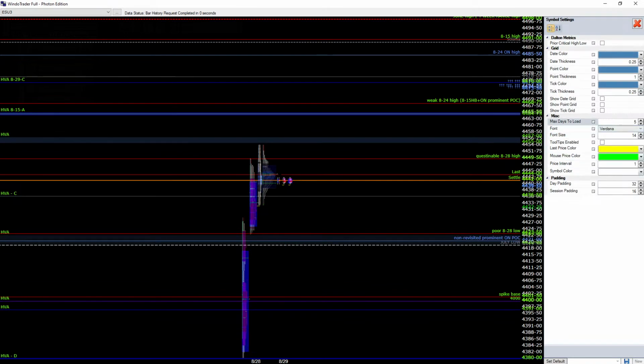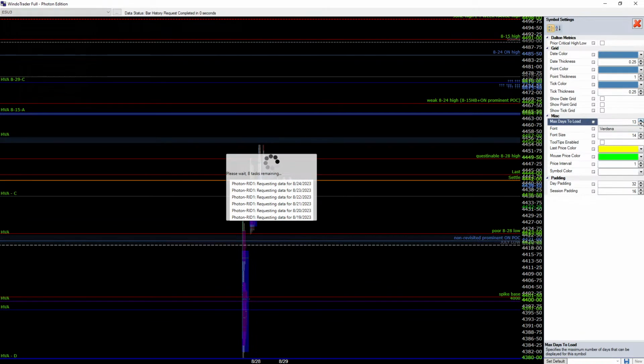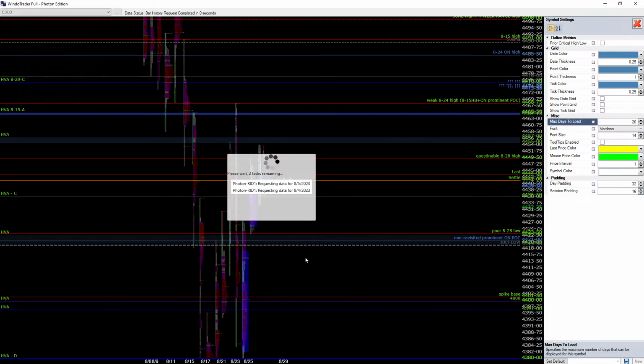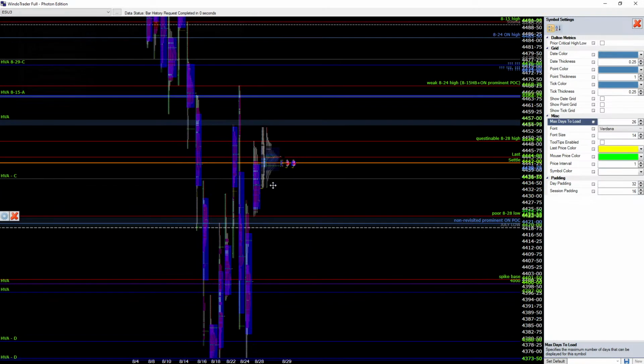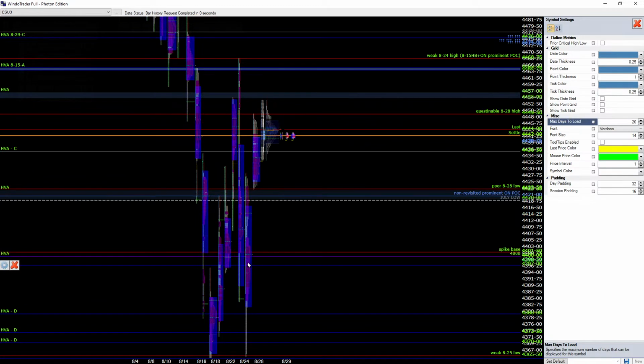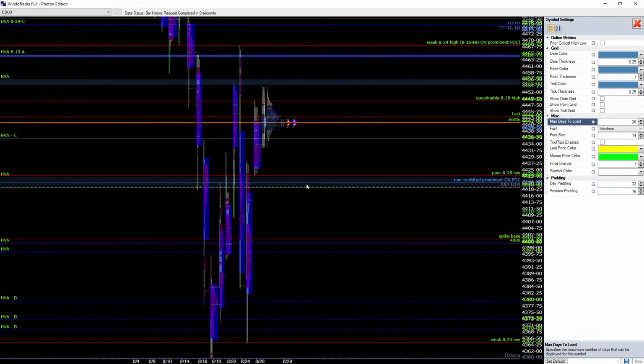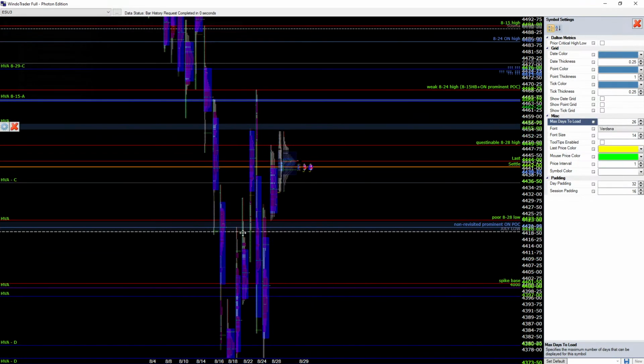Why I say narrow is because things have to be seen in context. If I see this range relative to this day, for example, it is very narrow. Relative to this one it is a narrow range. Relative to what's happening in the market.